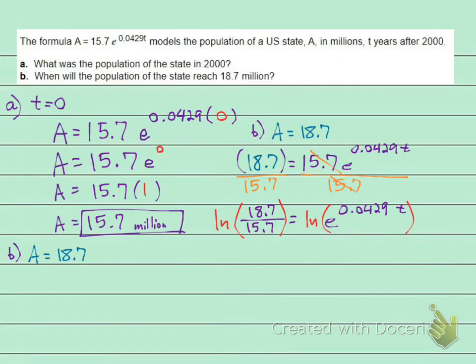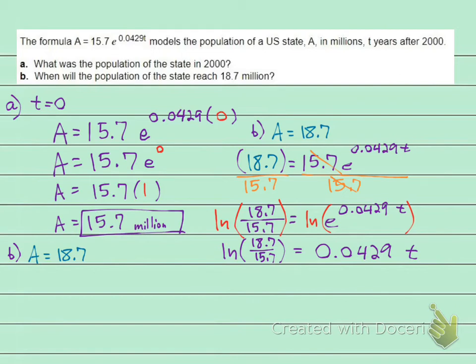So the left side now is natural log of 18.7 over 15.7 equals, and the right-hand side is now just a big 0.0429 t. Now the t is back down to earth. It's not part of an exponent. Only one more step to get that t by itself.